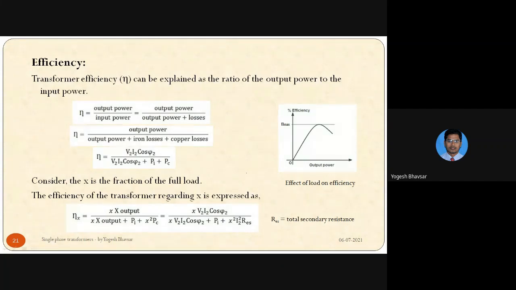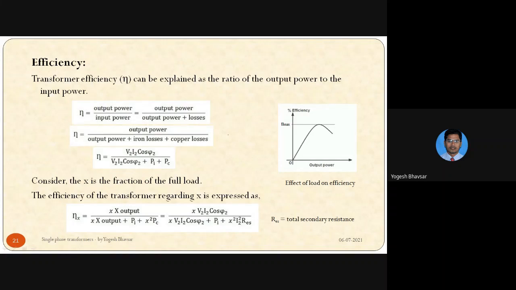Then next, we have the efficiency of the transformer. Now you know how efficiency can be calculated. A very simple formula for it. It is the ratio of output power to input power, which is called efficiency, denoted by eta.